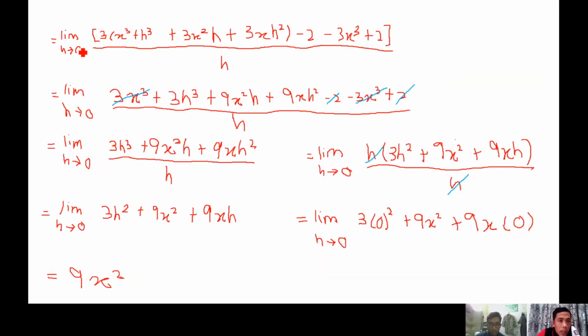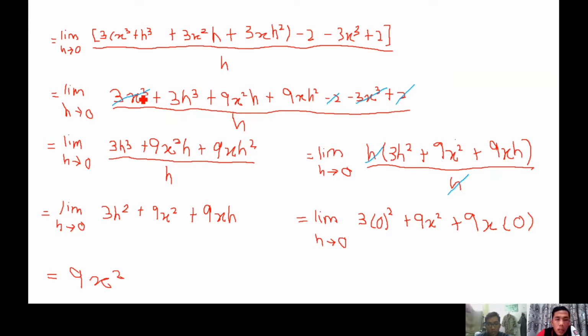So we expand the 3x over 3 plus h over 3 plus 3x over 2h plus 3xh over 2. Then we close the bracket and we minus 2 minus 3x over 3 plus 2, divided by h.